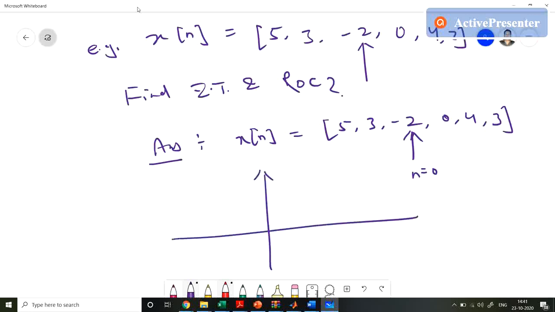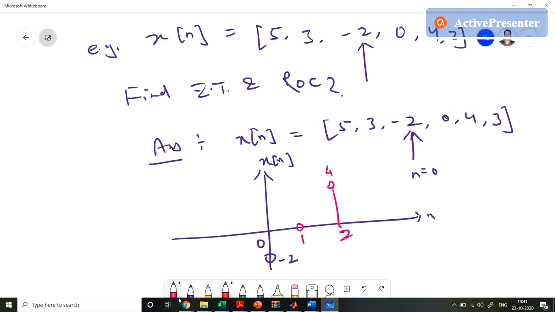If we draw the graph of x[n] with n, then at n equals 0, the value is minus 2. At n equals 1, the value is 0. At n equals 2, the value is 4.